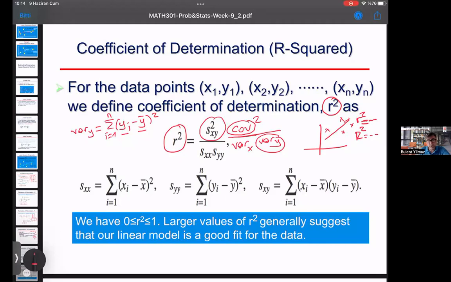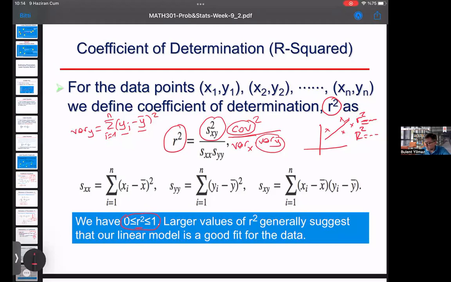That's what is found. The r squared value will always be between 0 and 1, and if r squared is close to 1, that means my prediction is close to the data.